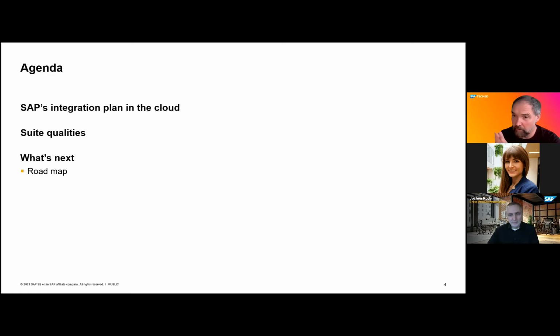Setting the stage, as you can already see here, are a few slides about the integration plan of SAP in the cloud, then we will jump into the suite qualities, ending up with some roadmap statements. What can you expect by when, and where are the sources and the resources to get that information?